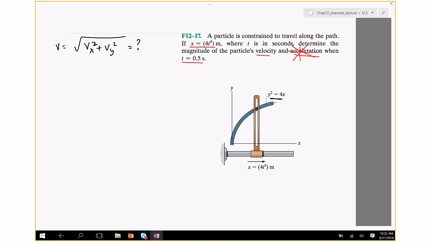So just indicate the value. You don't have to give the units. Okay, just put the value in meters.